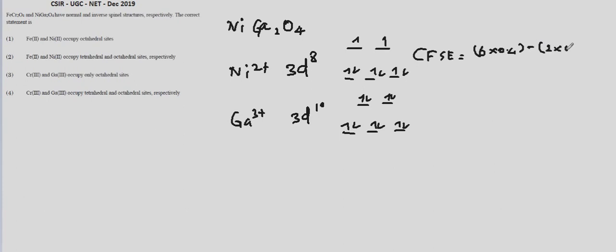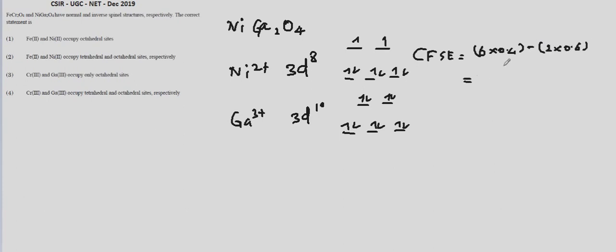So we are going to fill the electrons for gallium. So fill that. For nickel, we fill it too. So we are calculating the CFSE in this case again. You could see that CFSE is given by 6 times 0.4 minus 2 times 0.6.